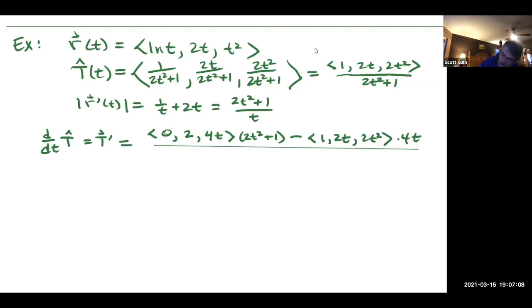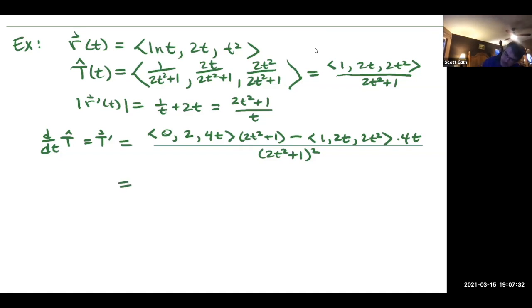So what you're really doing is 3 chain rules at once. They all have the same denominator, so we'll just do over 2t squared plus 1 squared. In my mind, it's better to do it this way. I don't know if it is, but less writing for sure.